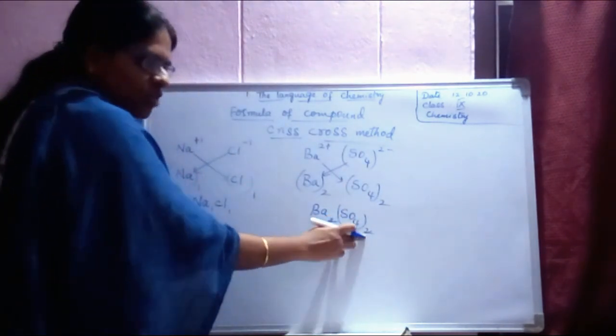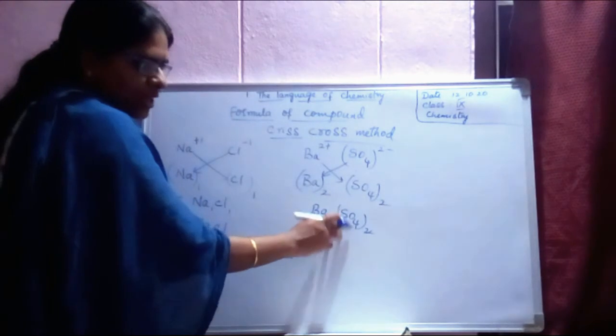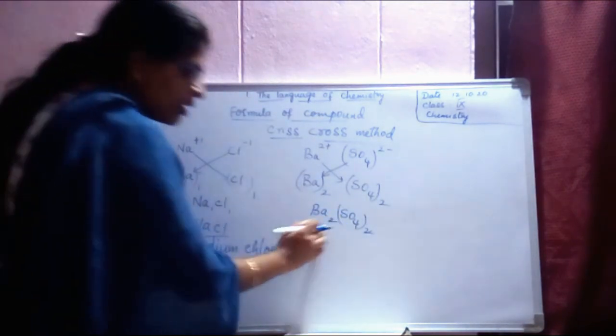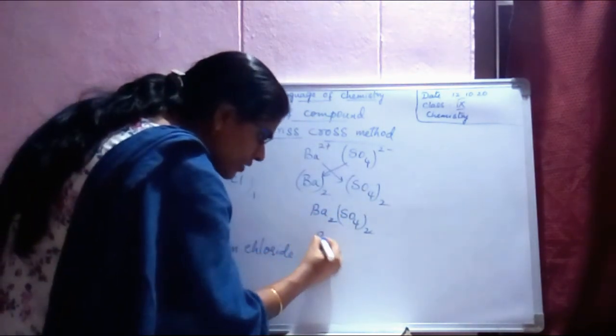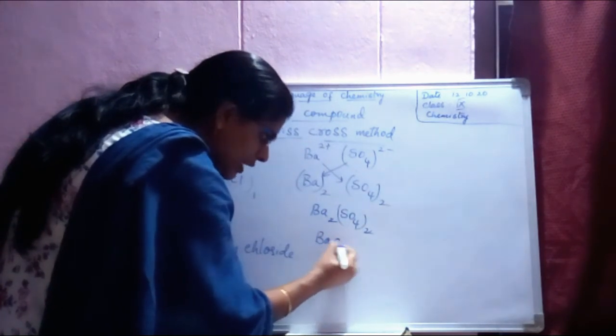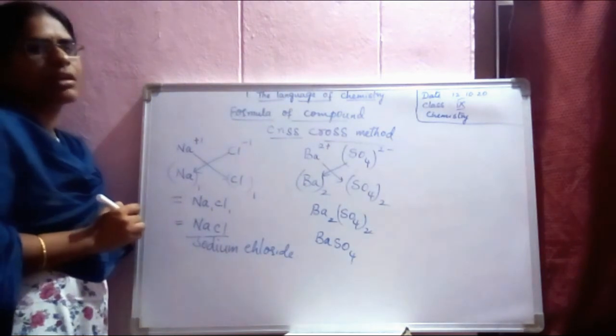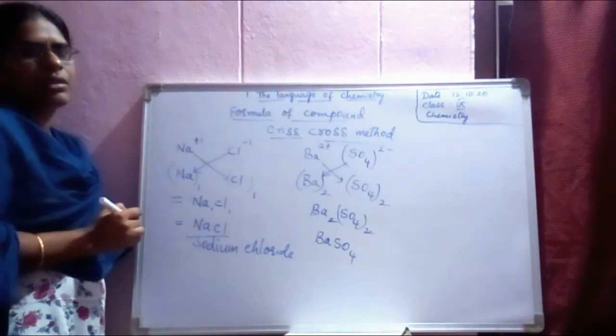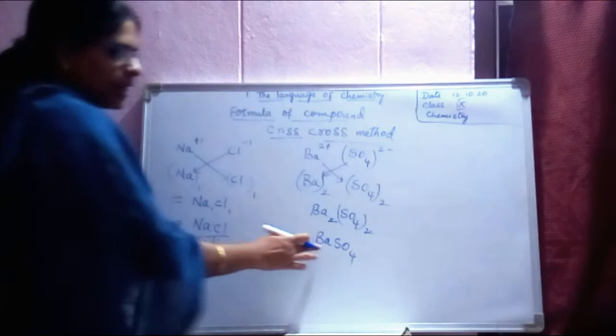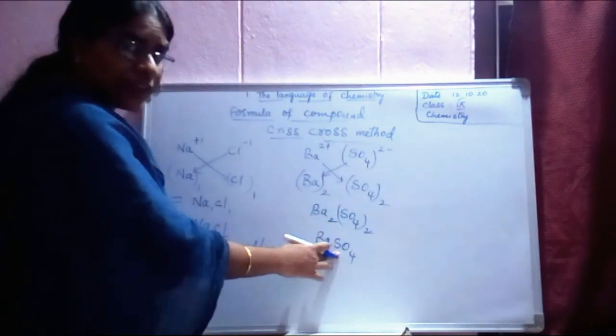Don't divide this 4 and 2; 4 is for oxygen. Now, as both are divisible by 2, BaSO4 is the compound. Barium sulfate.